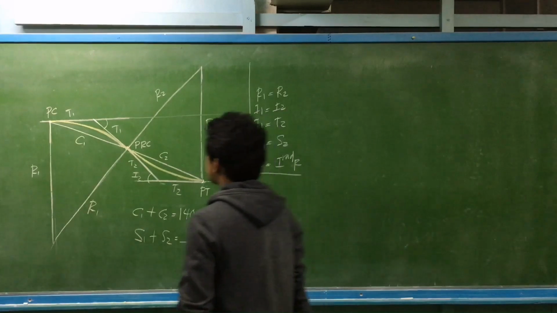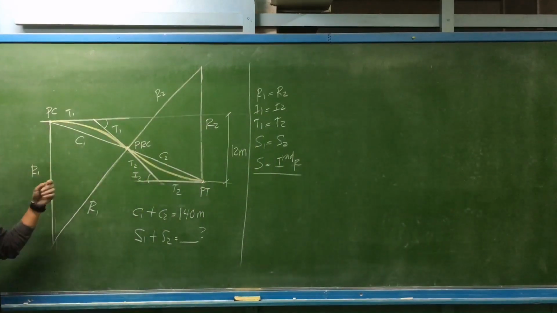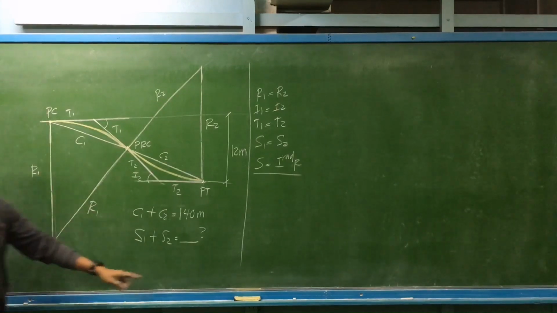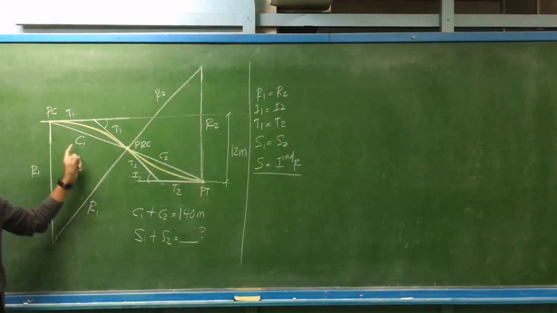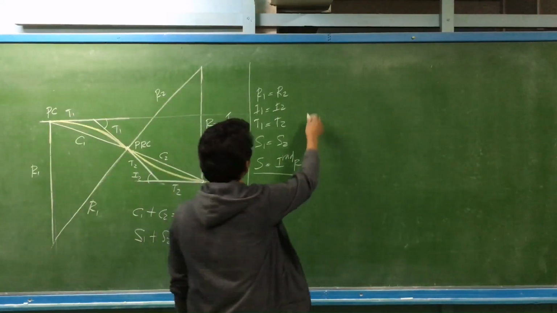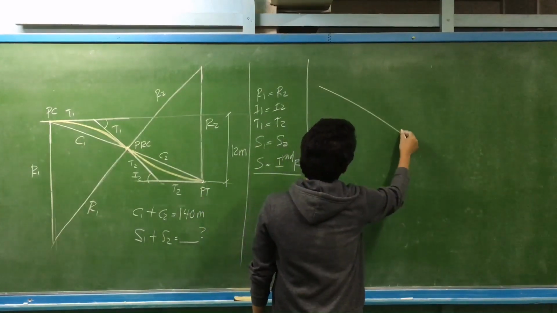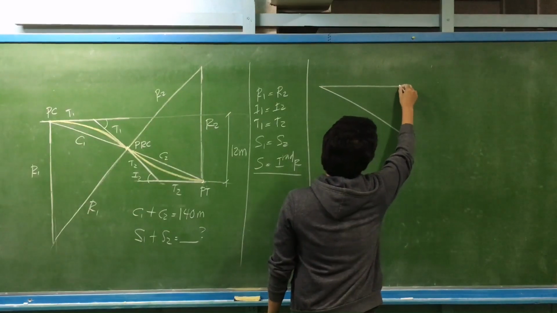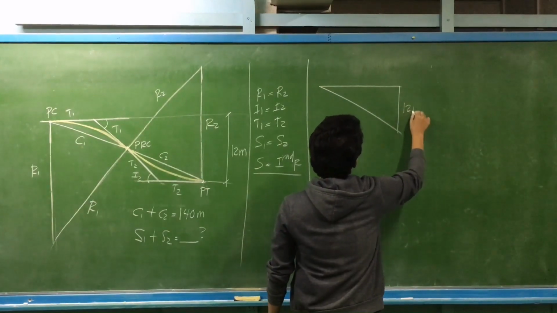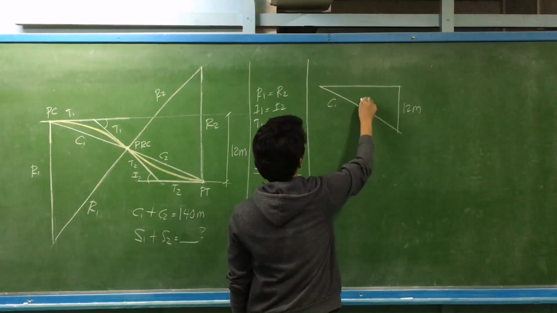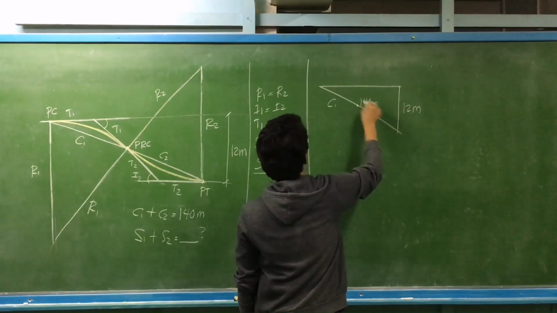Okay? So let us separate the triangle, considering the given distance of 12 meters and C1 and C2. So this is the 12 meters. This is C1 plus C2, which is equal to 140 meters.